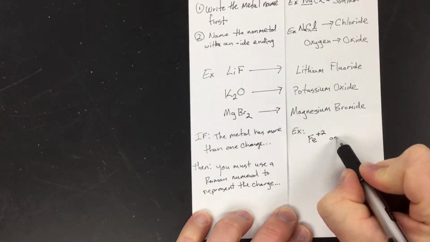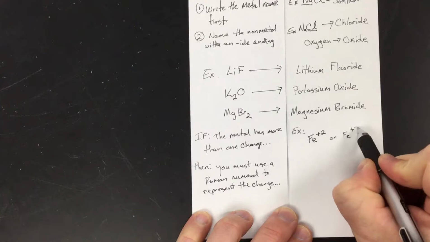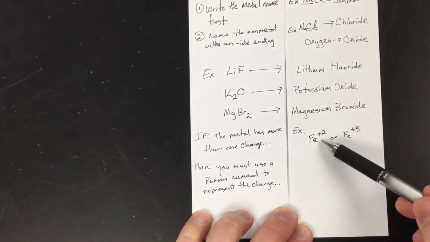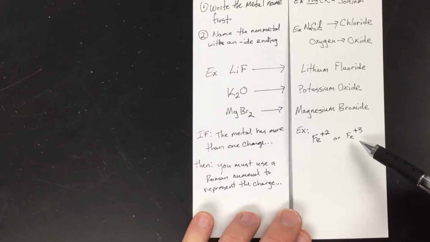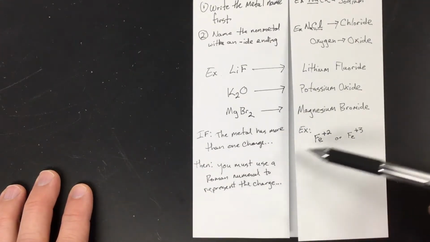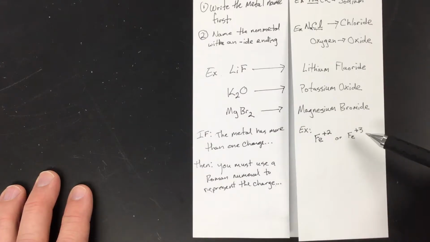Or, in other situations, iron will get rid of 3 valence electrons and have a charge of +3. It could be iron +2 or iron +3. So depending on which one is part of our bond, we have to use a Roman numeral to represent if we're dealing with iron that got rid of 2 valence electrons or iron that got rid of 3 valence electrons.